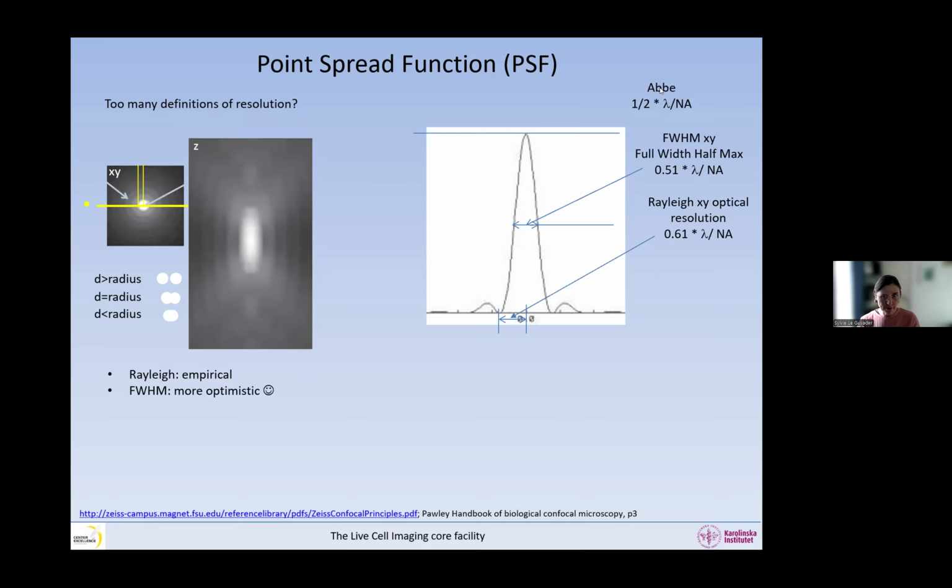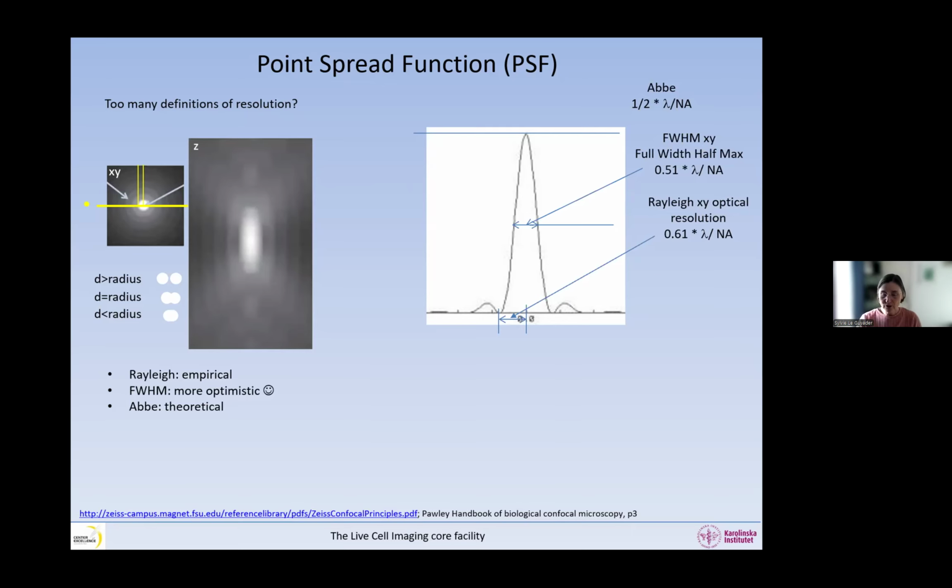And then there is the Abbe limit. The Abbe limit, instead of being 0.51, is 0.5, so it's half. That's the one that's engraved in stone in Jena. But as I understand it, again, I'm not a physicist, this is actually a hard limit, and it is theoretical in the sense that at the Abbe limit you have no contrast.